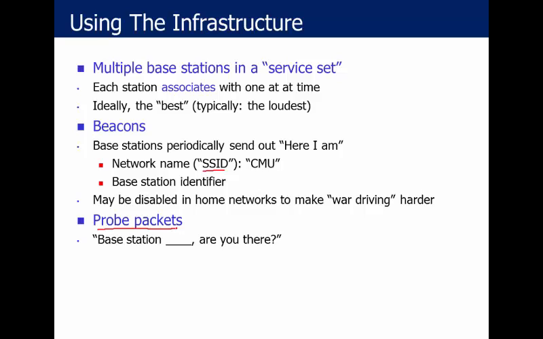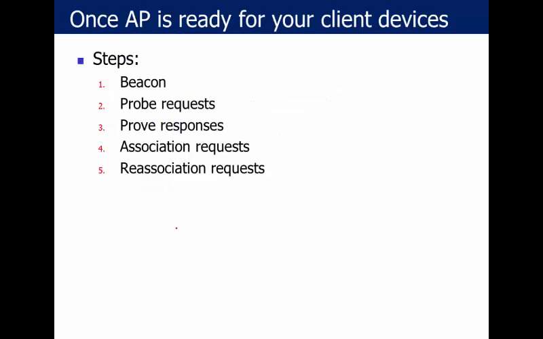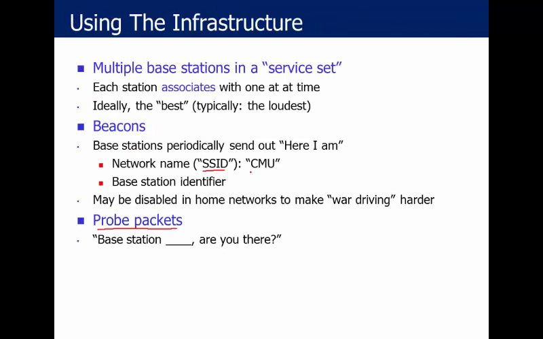Then your station needs to probe the packets back and forth. For example, there are two kinds: probe request and probe response. When the AP says, here I am, you can say, I want to talk to you. Probe request. Then it can say, yes, you can associate with me.